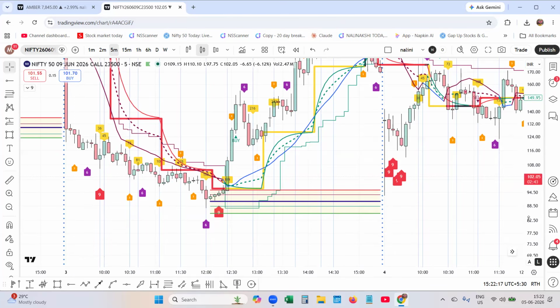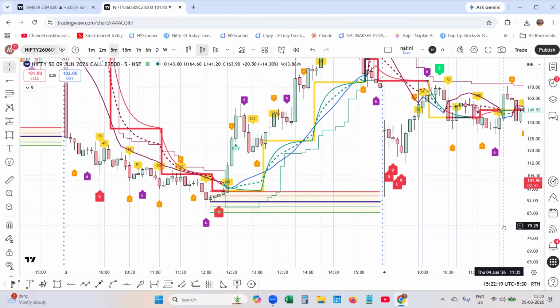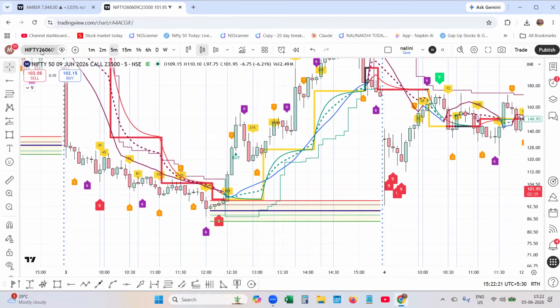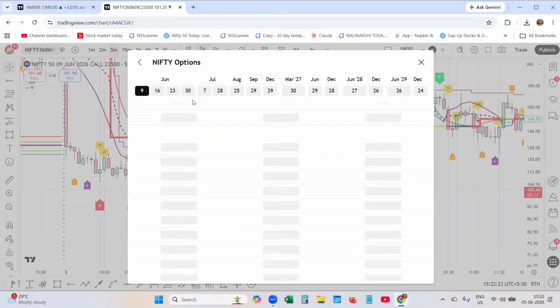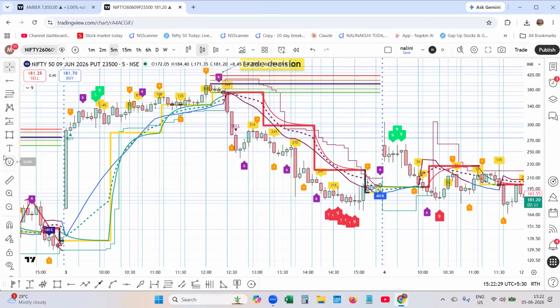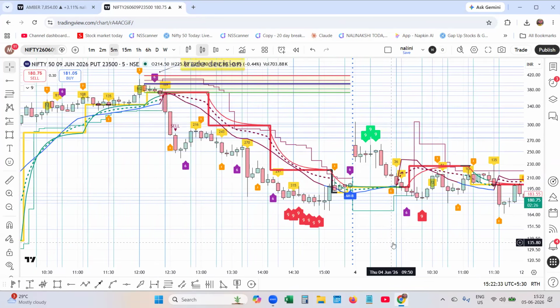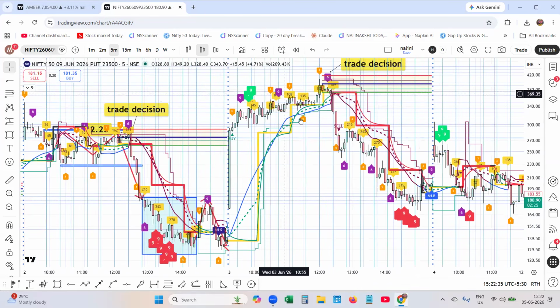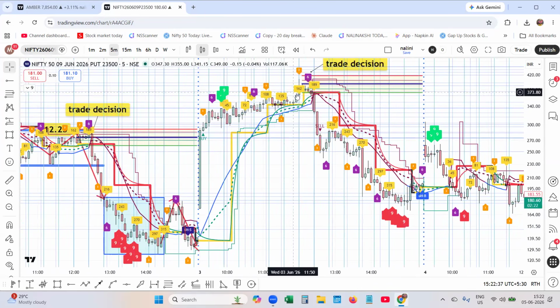Yeah, here you can see the same thing happened. I was going through the 23,500 put, it seems, or by mistake I've entered into it. The exhaustion where I was here, you can see, don't trade this. So people try to trade this and get caught.